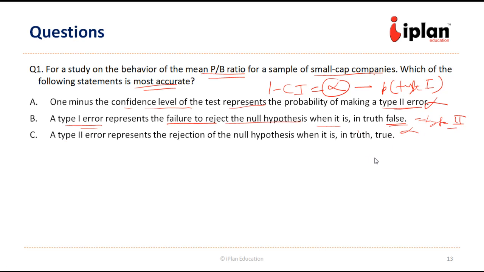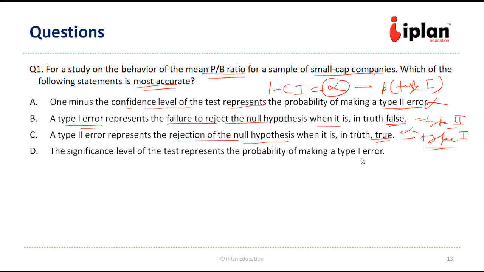Option C says type 2 error represents the rejection of the null hypothesis when it is true. No, this is about type 1 error. Rejecting the null hypothesis when it is true is type 1 error, so even this is wrong. Option D says the significance level of the test, which is alpha, represents the probability of making a type 1 error. Yes, that is right. So option D is correct.